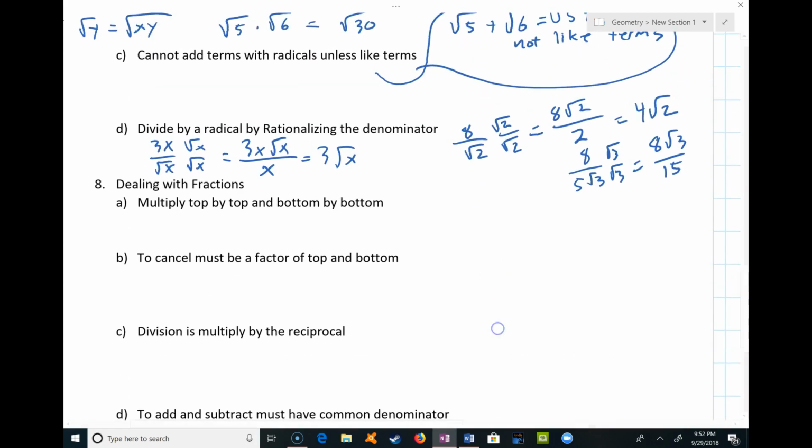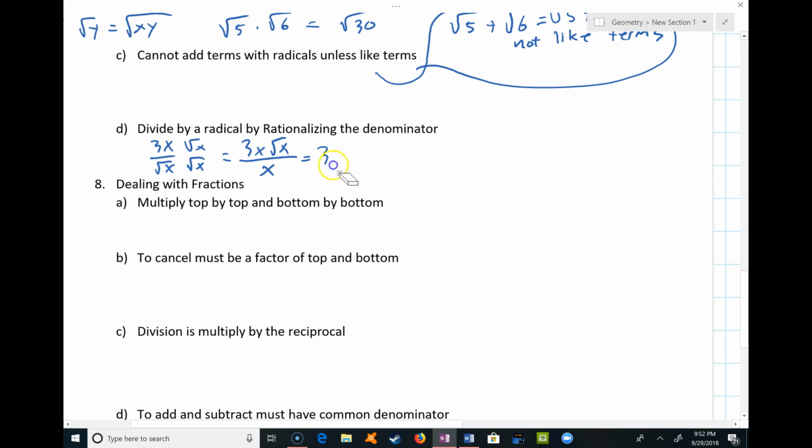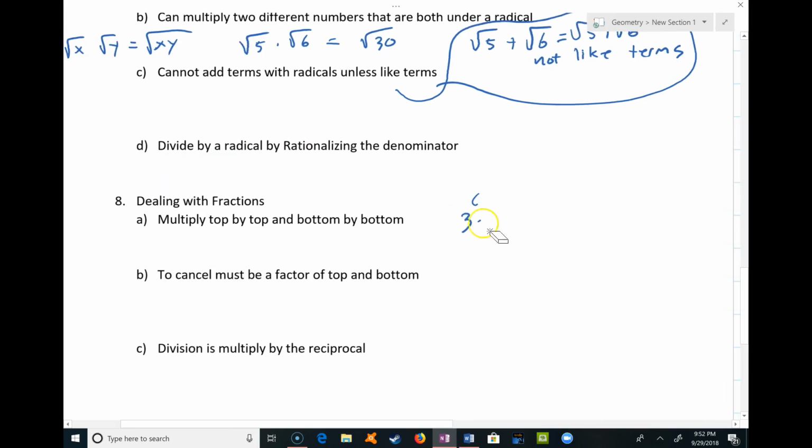So let's start up here at the top, multiplying fractions. When you're multiplying fractions, you multiply the top by the top and the bottom by the bottom. But you can also, of course, cancel things. So if I have, for example, 3 over 4 times 9 over 4 times 5 over 7 times 8 over 3.